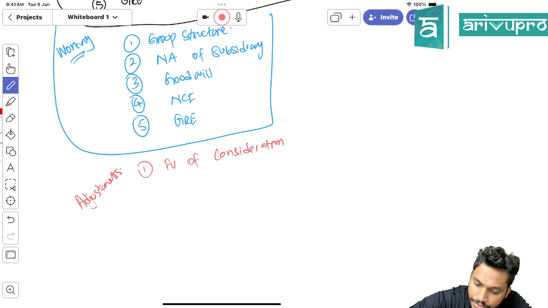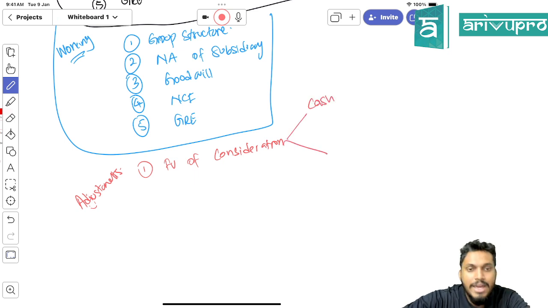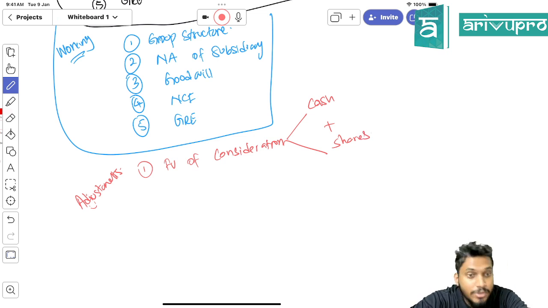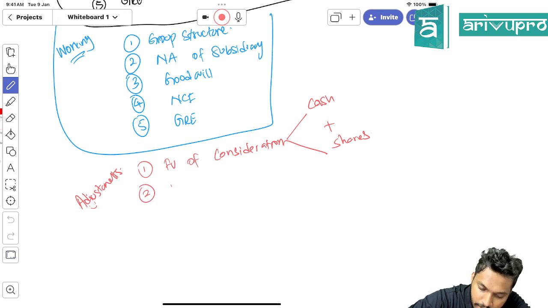So in fair value of consideration, you can either buy by paying cash or by paying shares. It's very important. Another adjustment is intra-group sales.